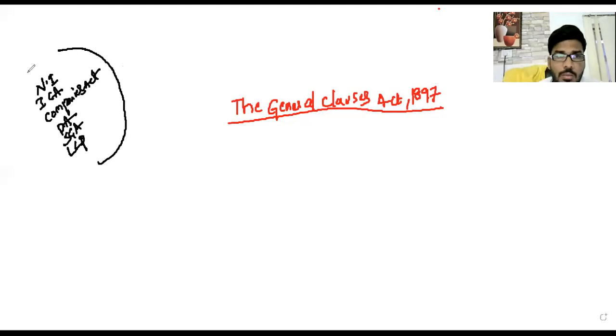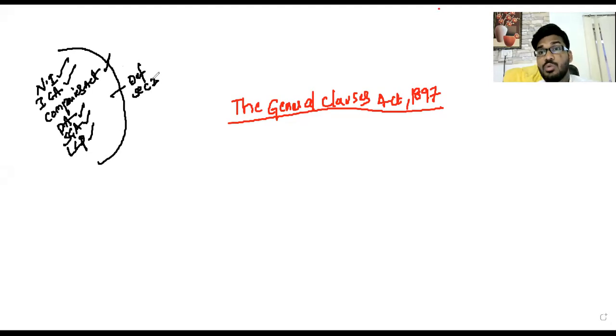In every act there are definitions. In every act, we know about Section 2. Section 2 defines the terms we are going to use in the act. All the terms are defined under Section 2. That is the reason Section 2 is called a definition section.